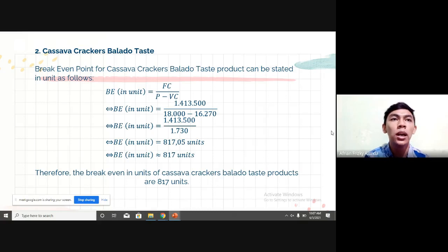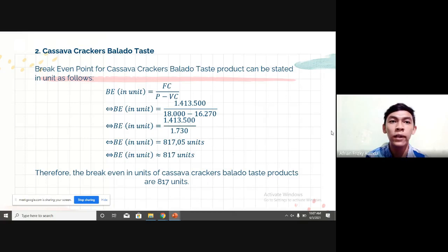We use the formula of break-even in units, and then we substitute the number of FC, P, and VC for the cassava crackers balado taste, and we get the break-even point in units of cassava crackers balado taste is 817 units.